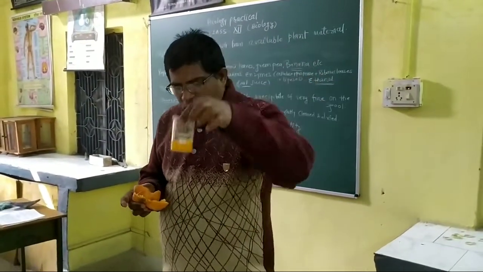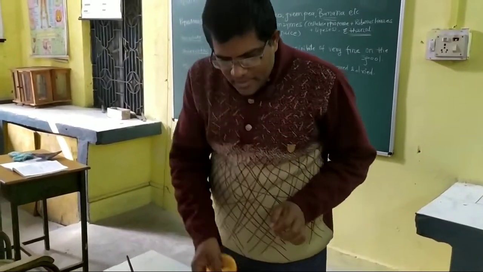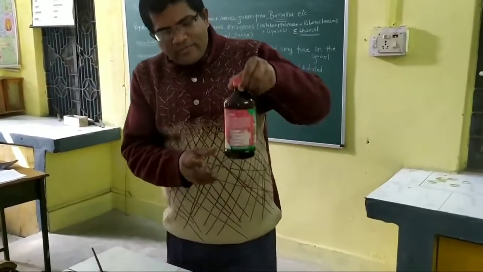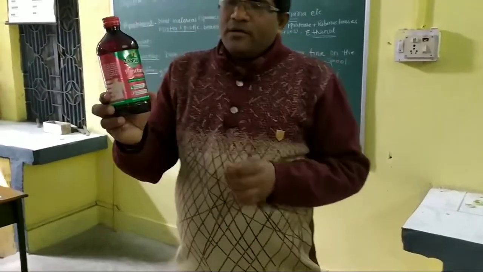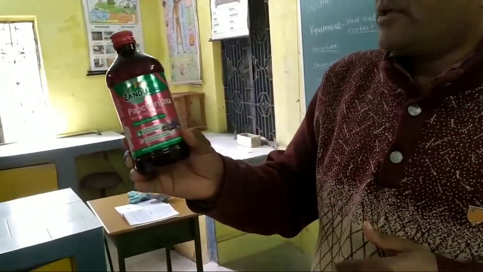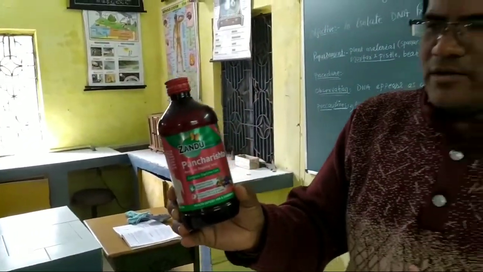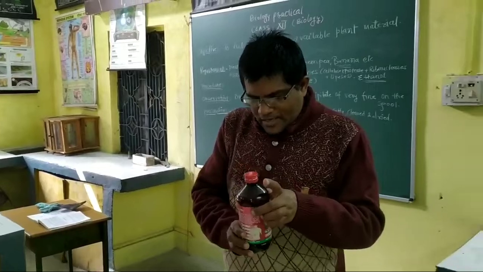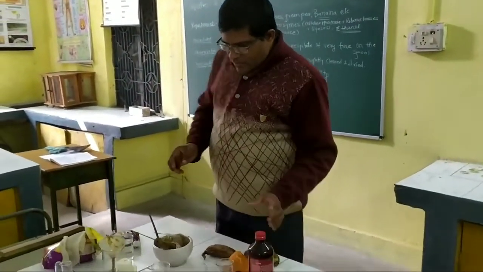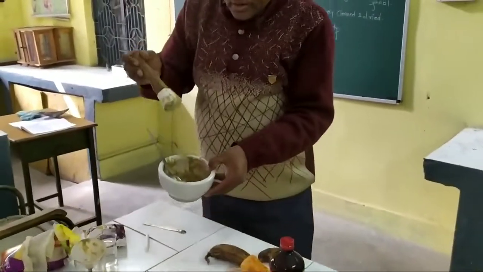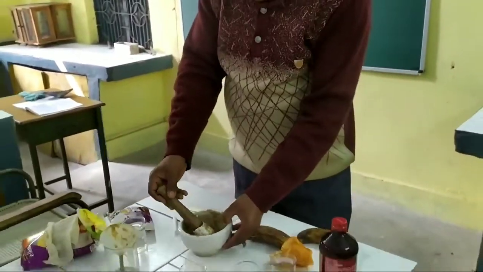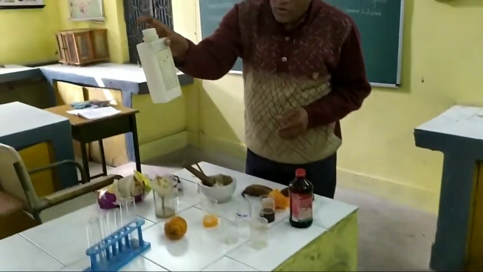This juice will be used as the enzyme. Then we have, as I have told, the enzyme solution, which has all such enzymes used for the extraction of DNA. Then we have the mortar and pestle. This one is the mortar and pestle. It is the chilled alcohol.